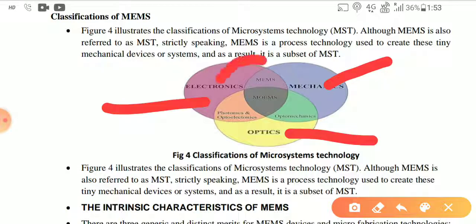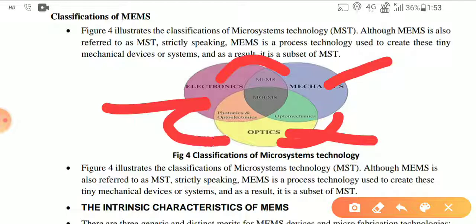Two blocks are combined to make a MEMS: the electrical and mechanical branches combined. So you can combine two components to make a micro electromechanical system. If you combine optics and mechanics, that is called optomechanics.